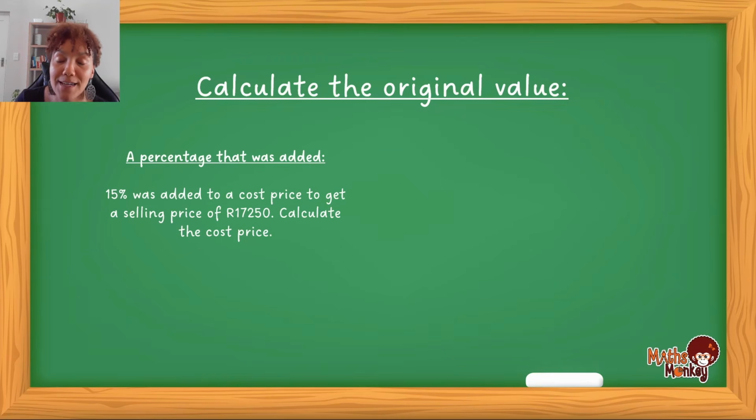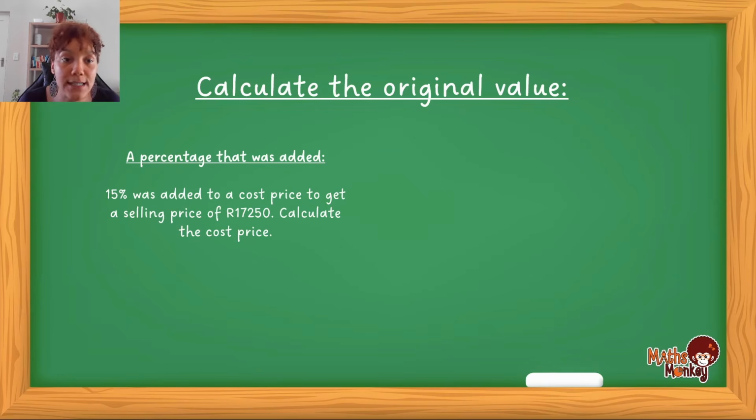Now, please remember not to do what most students do. They take the value and they subtract the 15%. But that 15% was not calculated on the after value. It was calculated on the before value.